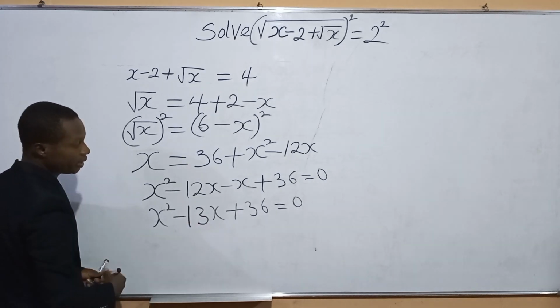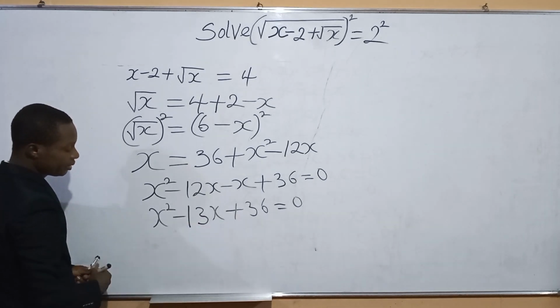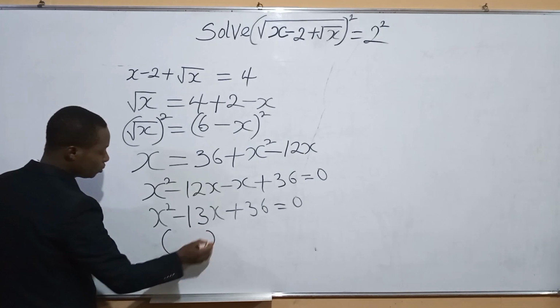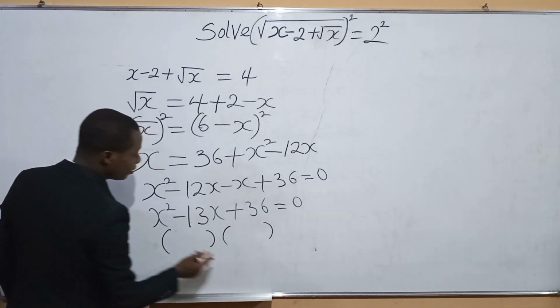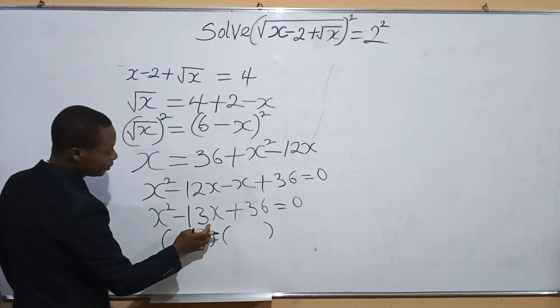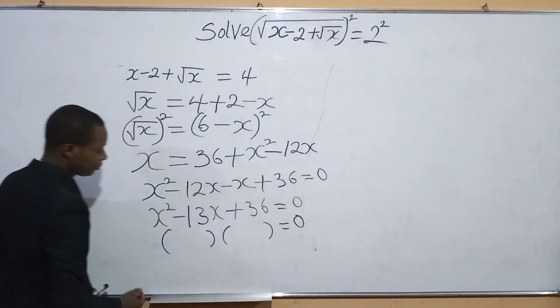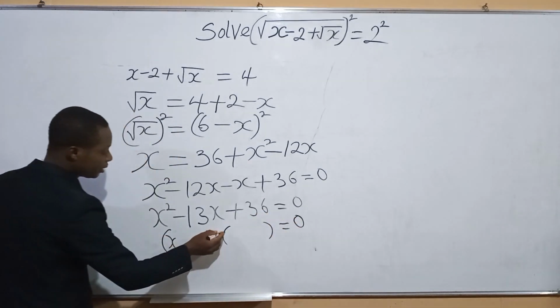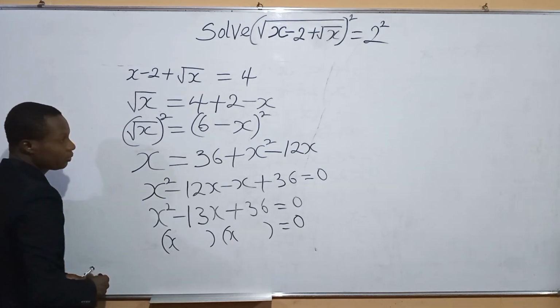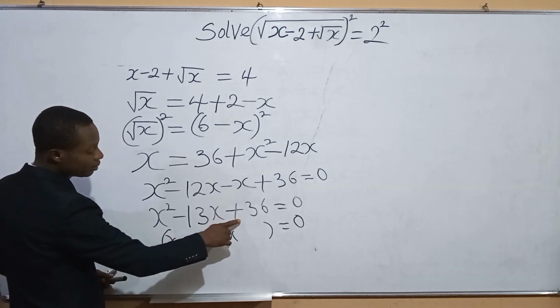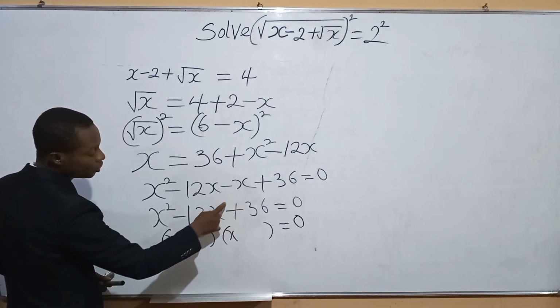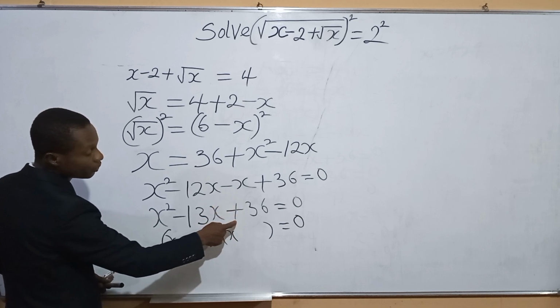So how do we factorize this? This is factorizable, right? We are going to look for 2 numbers that will add up to give minus 13 and multiply to give 36. So remember, just fix your x here. So what are those 2 numbers? The 2 numbers must be of the same sign because only the same sign will multiply to give plus.